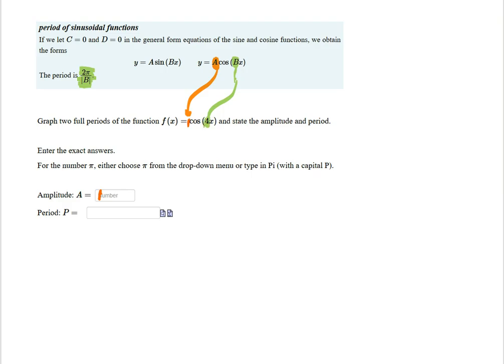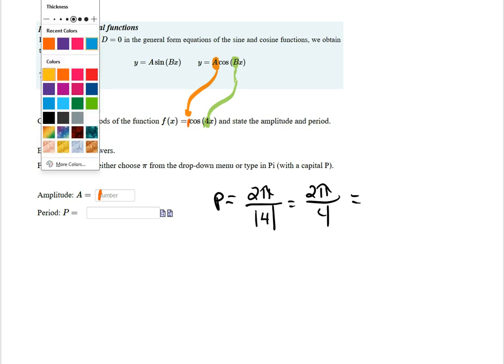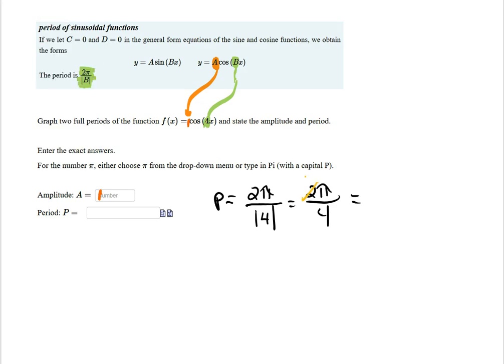So our period P is going to be 2 pi over the absolute value of 4, but the absolute value of 4 is 4. And then this 2 goes into itself once, and it goes into that 4 twice. So my period is pi over 2. That's what's going to go here.